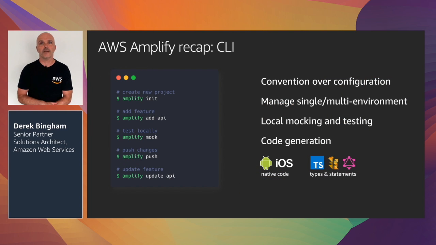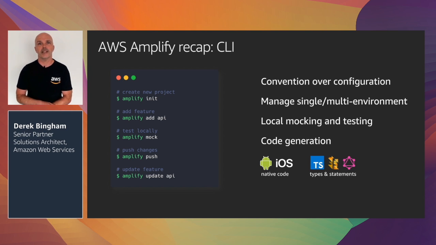So if I go a little bit further into the CLI, what is the CLI? We have a number of CLIs as we develop with AWS. We have the AWS CLI itself. We have the SAM CLI to help us build out our serverless applications as well. But the Amplify CLI is slightly different in that when using Amplify, we rely on convention over configuration.